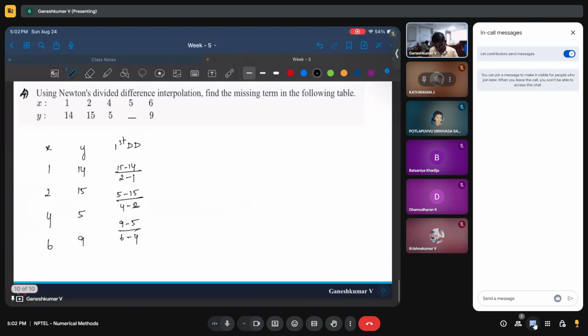How much is this? This is 1 by 1, so it's just 1. This is minus 10 by 2, so I'm going to write minus 5 here. And this is 4 by 2, so it's simply 2.